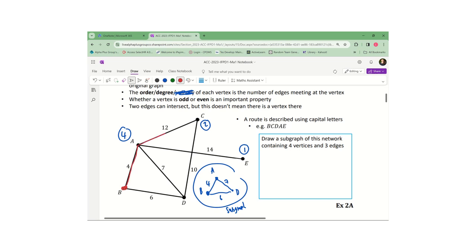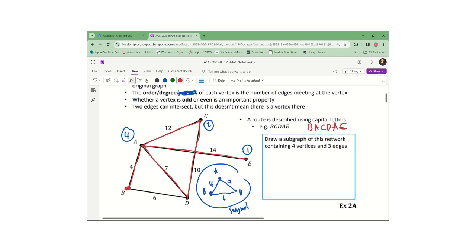Say I go from B to C via A. This route would be BAC, and then say I go from C to D next. Next letter will be D, and then I go from D to A and then A to E over here. Okay, my route would be described by just this series of letters. They describe the order in which I'm visiting the vertices in the graph.